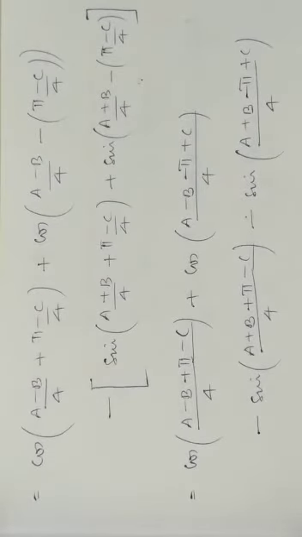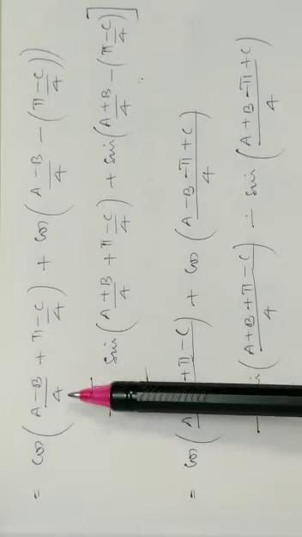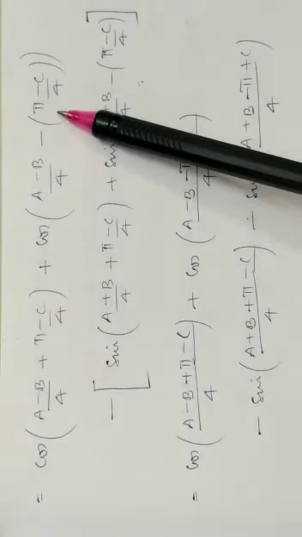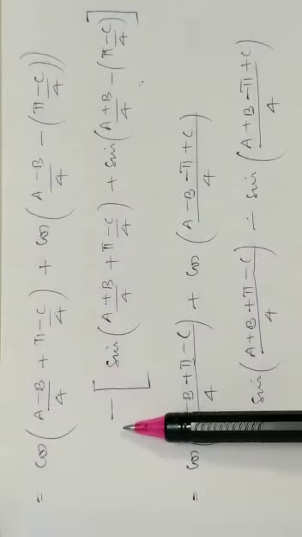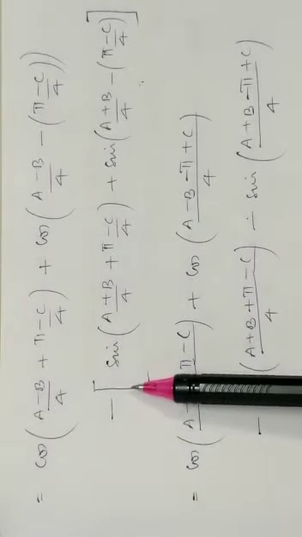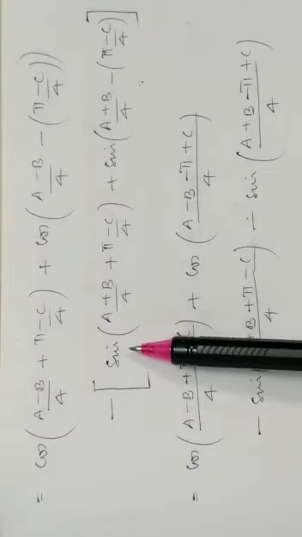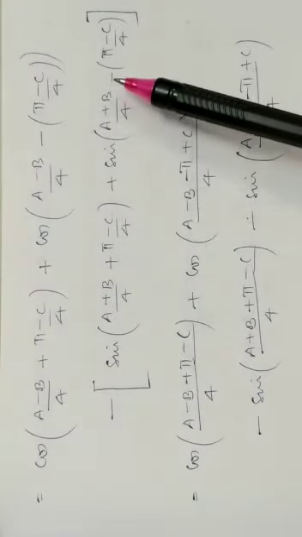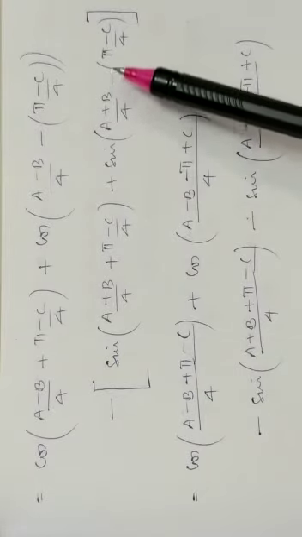Cos(a+b) plus cos(a-b), minus after bracket, sin(a+b) plus sin(a-b), minus after bracket.